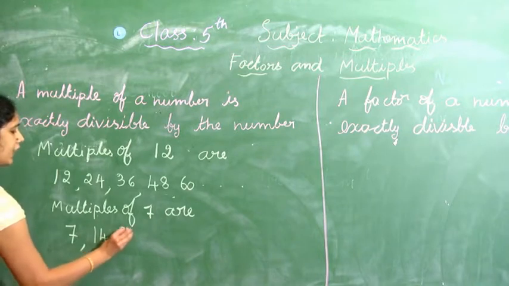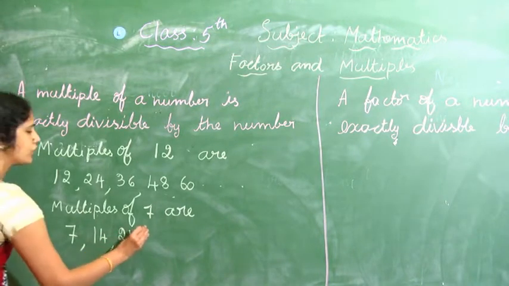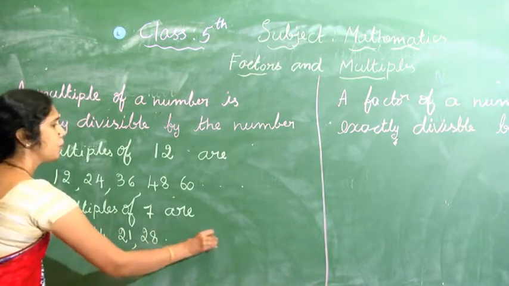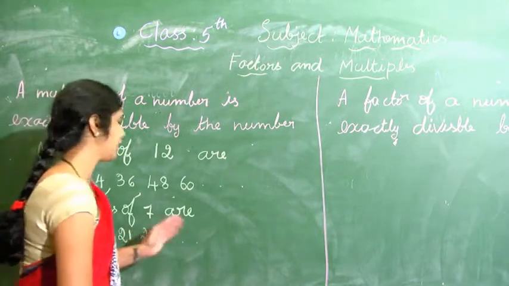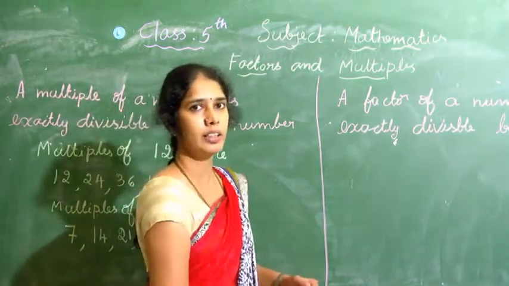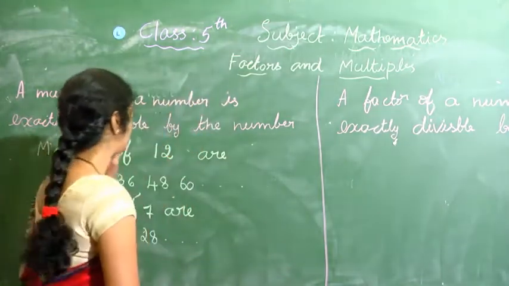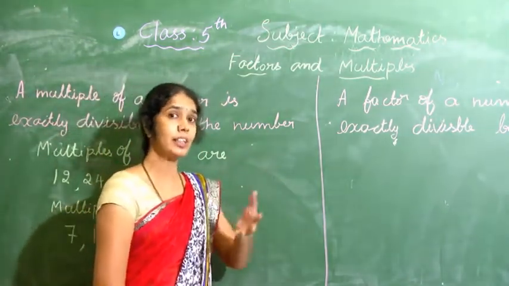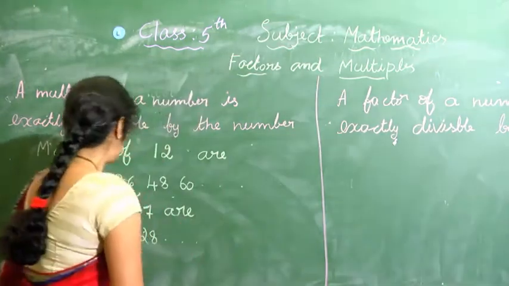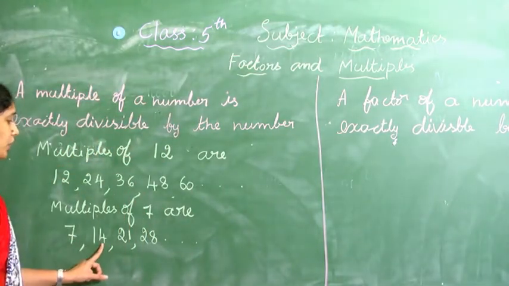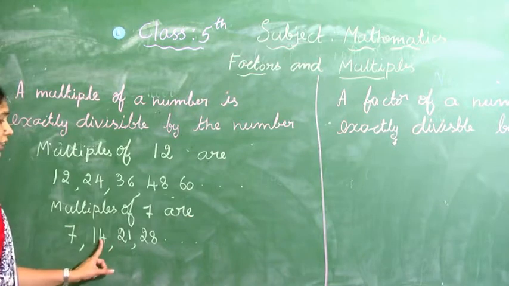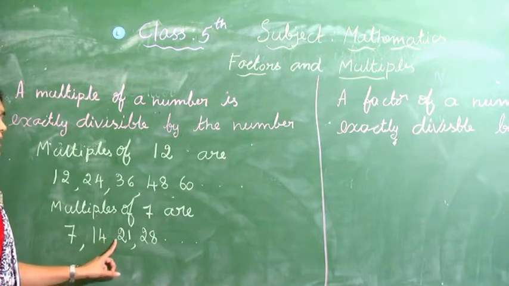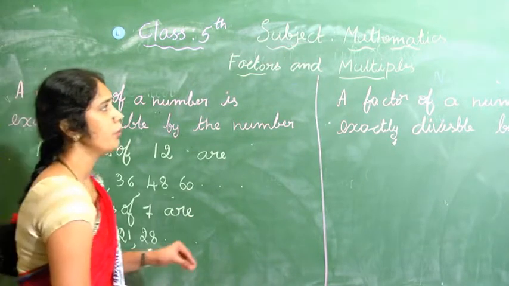Next 7 threes are 21. 7 fours are 28. Like this, many multiples we will get. Isn't it, students? Understood this multiple? Now the multiples are increasing, isn't it? See, this 14 is increased by 7. This 21 is increased by 7 again. 14 plus 7 is 21.